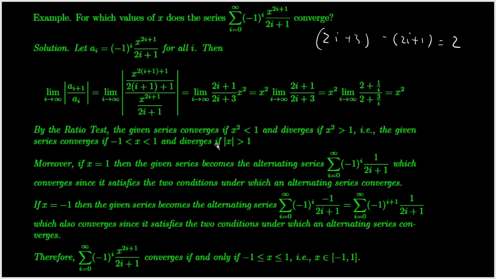That's why the series converges if the value of L, x squared, is less than 1, and it diverges when the value of L, x squared, is greater than 1. And this is equivalent to the series being convergent when x is in between -1 and 1. Which means the radius of convergence is equal to 1.